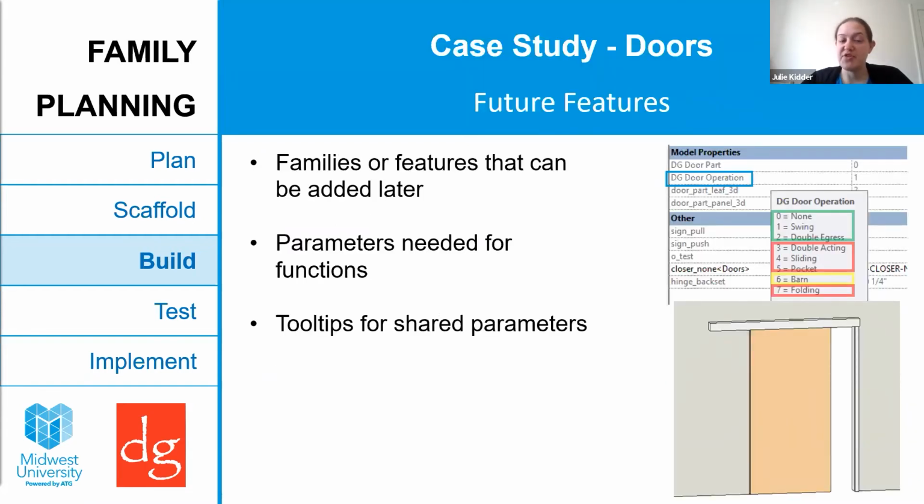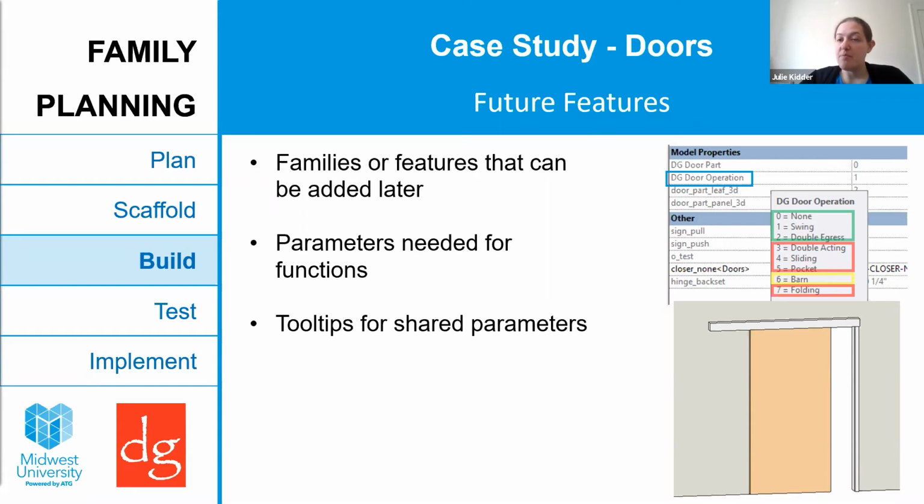Plan for future features. So think about what you may want your complex family to do. And even if you aren't ready to do those, you don't have time to do it yet, think about adding that information in tooltips or any parameters that might be needed for that function that you're aware of.